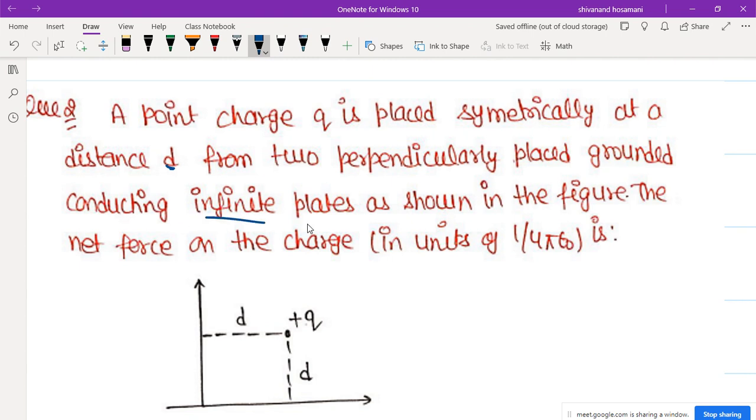Remember, the image method is applicable if we have grounded infinite conducting plane sheets and a point charge.